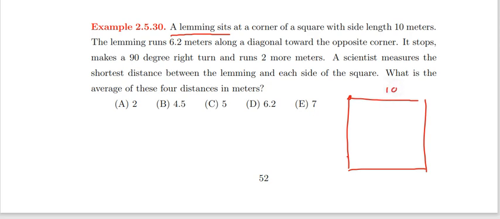Okay. So the robot moves along 6.2 meters along the diagonal. So just go this way. So level to here. So this is 6.2 meters.